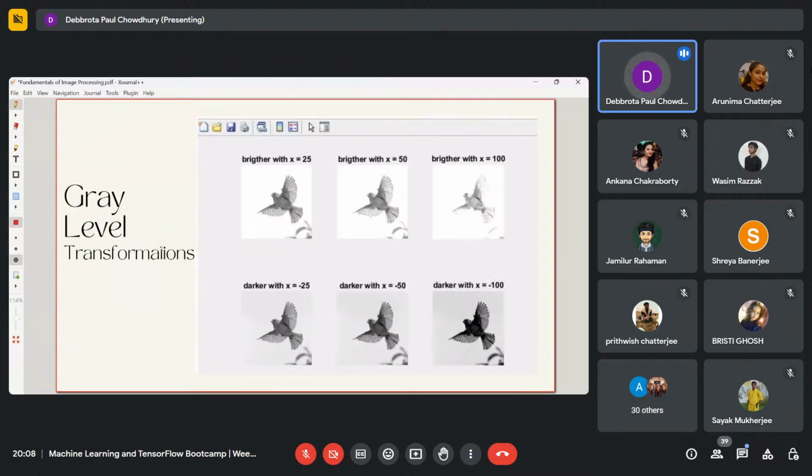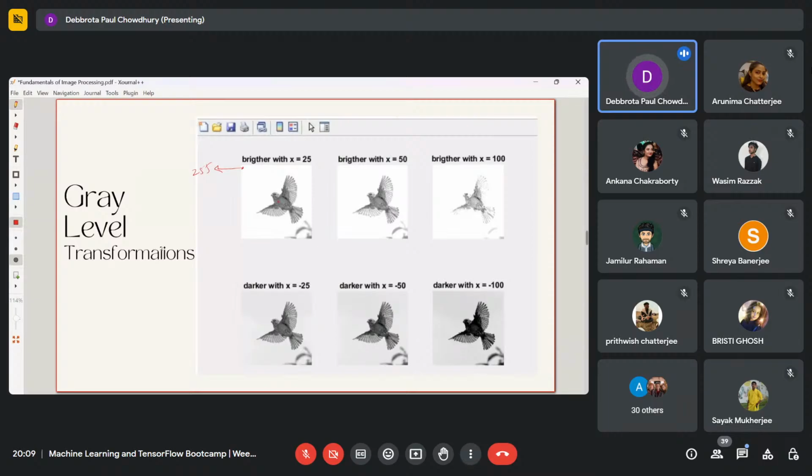So I was talking about brightening the image. Brightening the image is basically about the intensity values we have. If this is pure white, then the intensity value is 255.